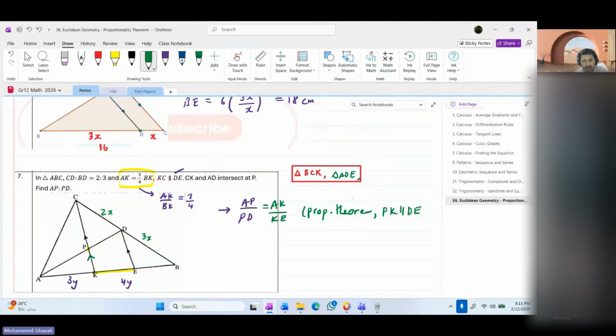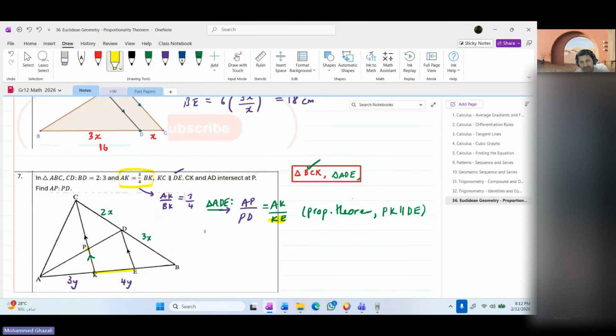Okay. Now, remember, the idea is to find KE. How are we going to find KE? We need to look at the first triangle. So this was using triangle ADE. Can you see? I'm only using triangle ADE to find AP to PD is AK to KE, but we don't have KE. That's an unknown.